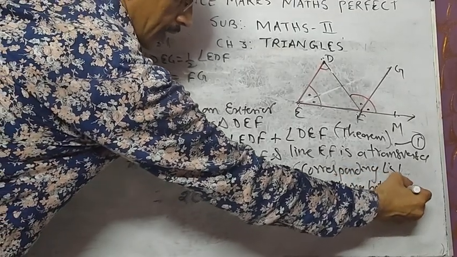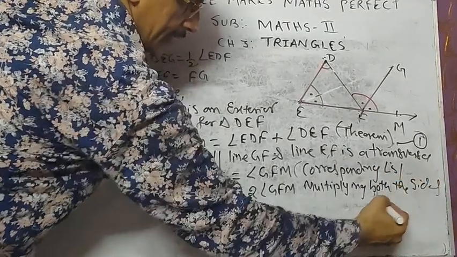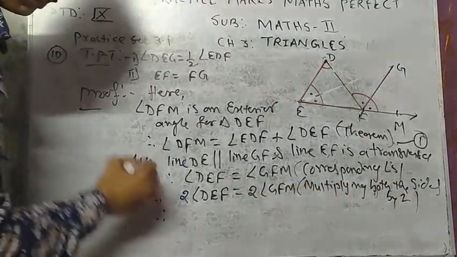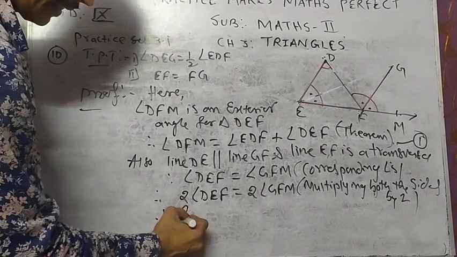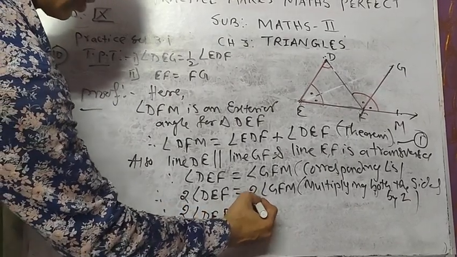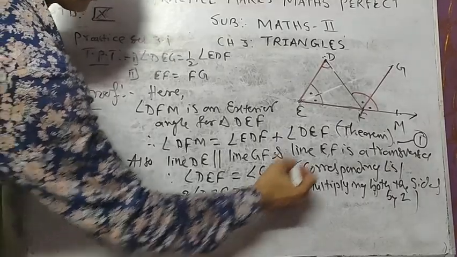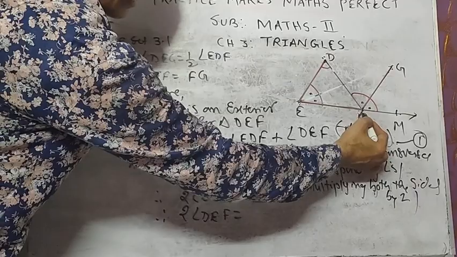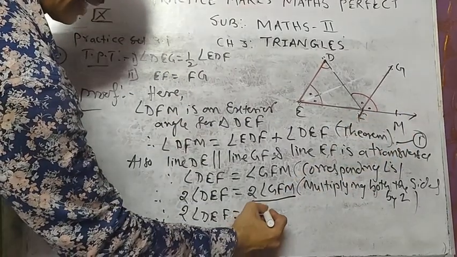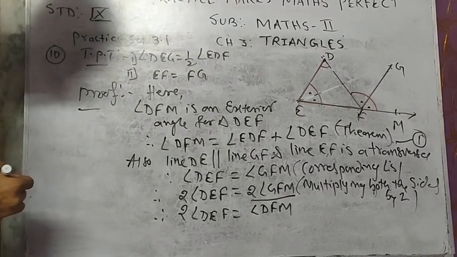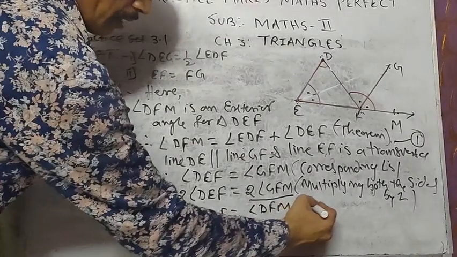Twice angle GFM gives you angle DFM. Doubling it, you will get this. Equation number 2.